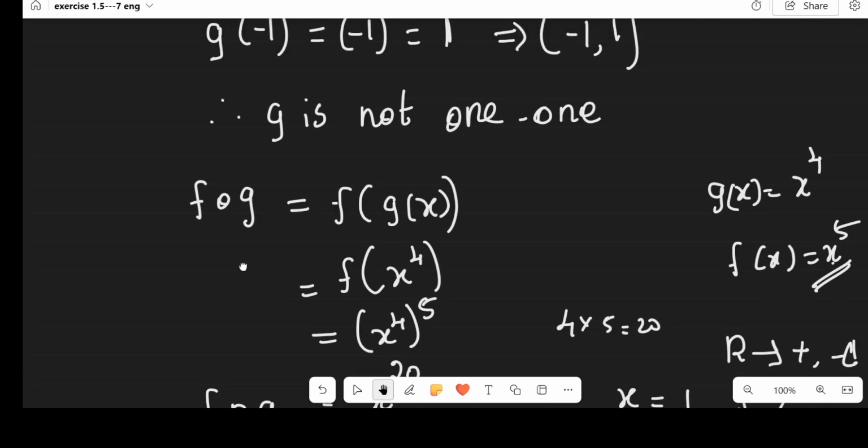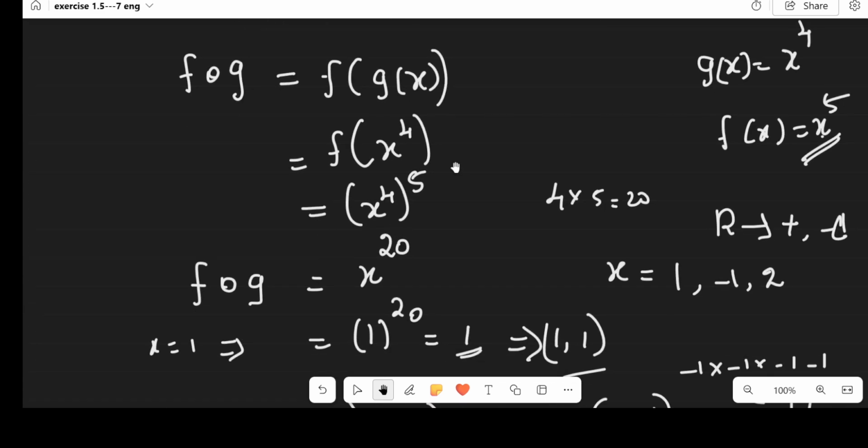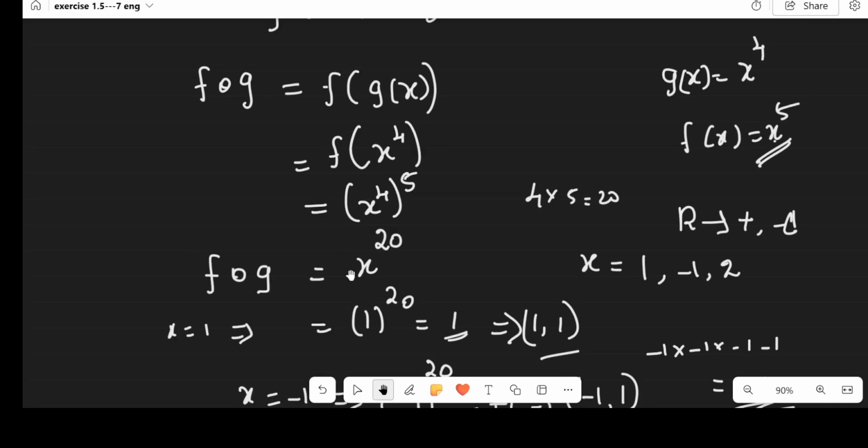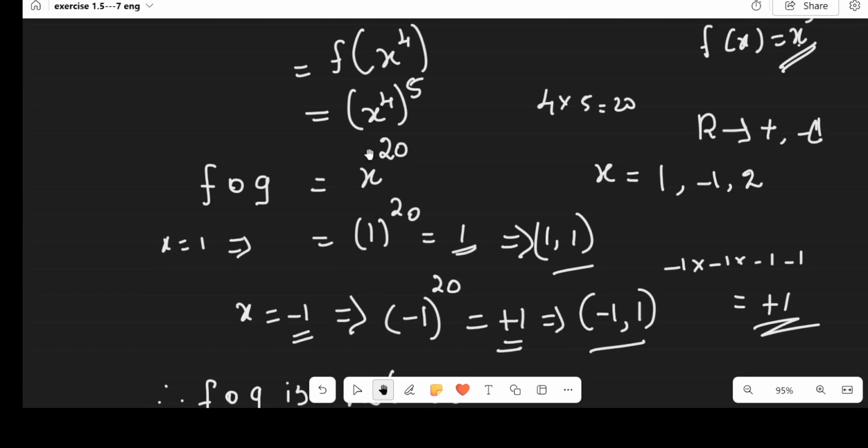For f of g, what have we done? For f of g, I am applying the composition of functions concept. We should include the expansion first, f of g of x, and then apply the value of g of x in the f of x formula. In the next step, in the f of x formula, we should apply the value x power 4 in place of x, and we'll be getting this answer. Finally, we'll be getting x power 20.